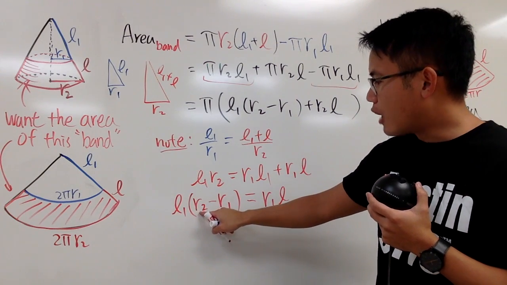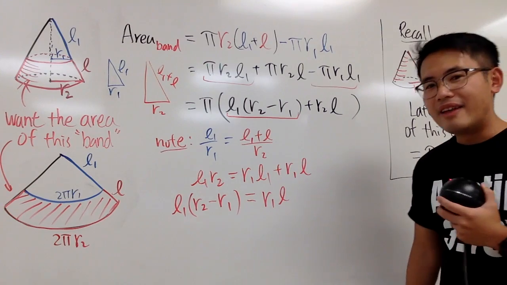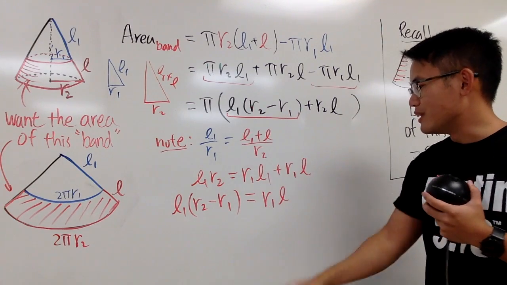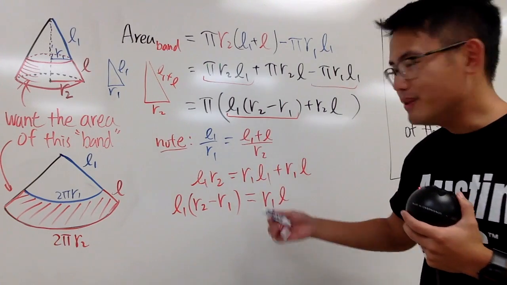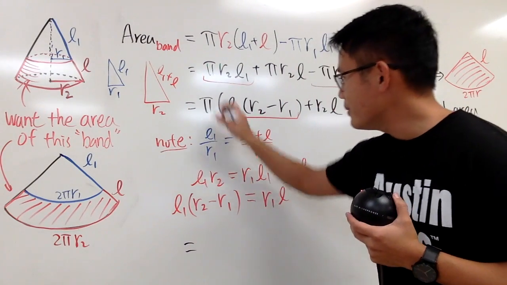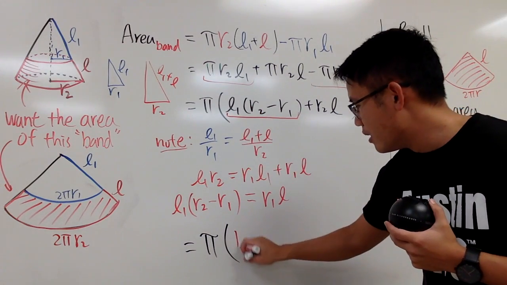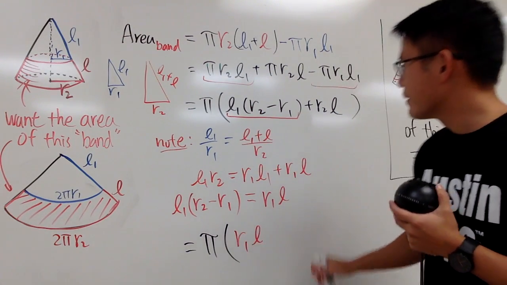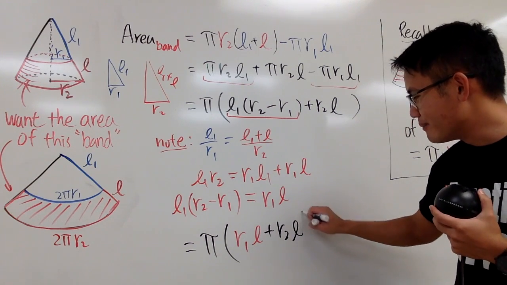L1 times R2 minus R1 is precisely this term here. And now we can replace this with that. So, to continue, this is equal to pi times R1 times L. And then, of course, you still have to add R2 times L.